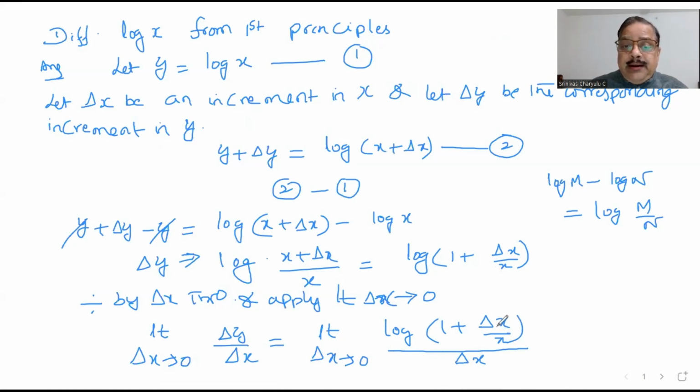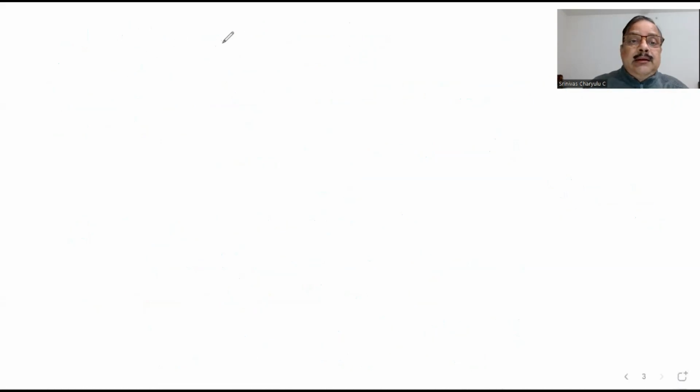So delta x by x we called k. Wherever delta x alone is there, you cross multiply and write kx.